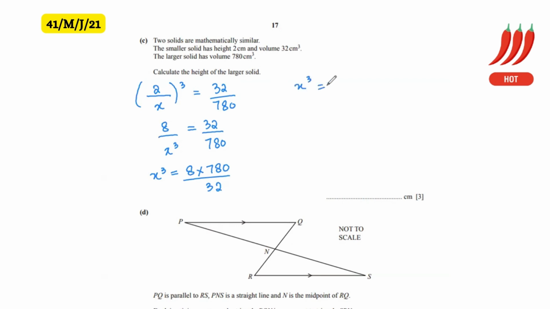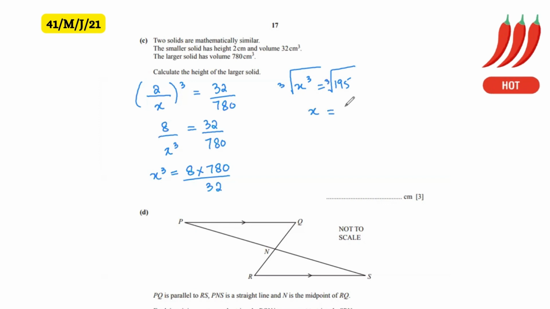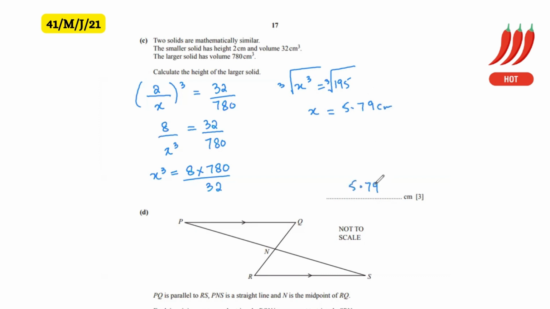That's going to be 195. Then we take the cube root on both sides. So x, which is the height of the largest solid, will be 5.79. So that's your answer.